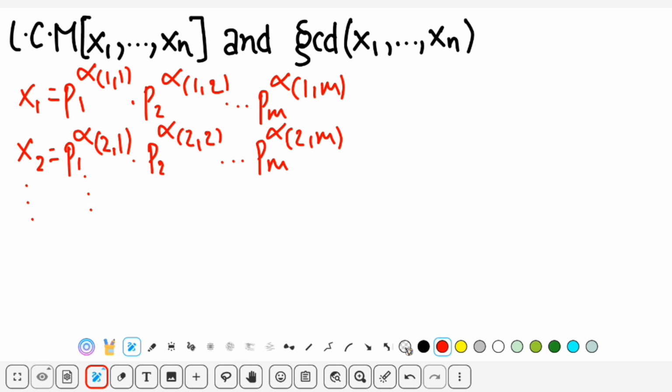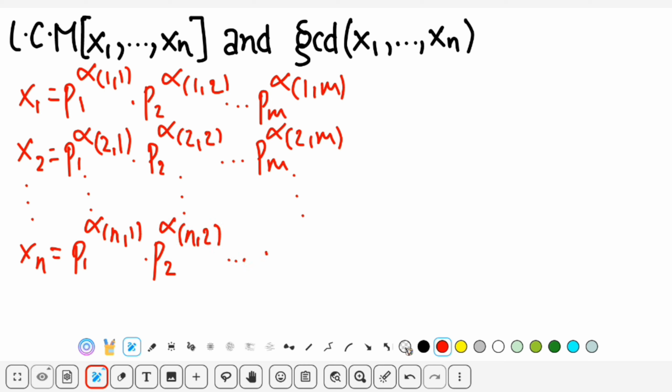And continue this process up to xn. So xn equals p1 raised to the power alpha n comma 1 times p2 raised to the power alpha n comma 2, through pm raised to the power alpha n comma m.